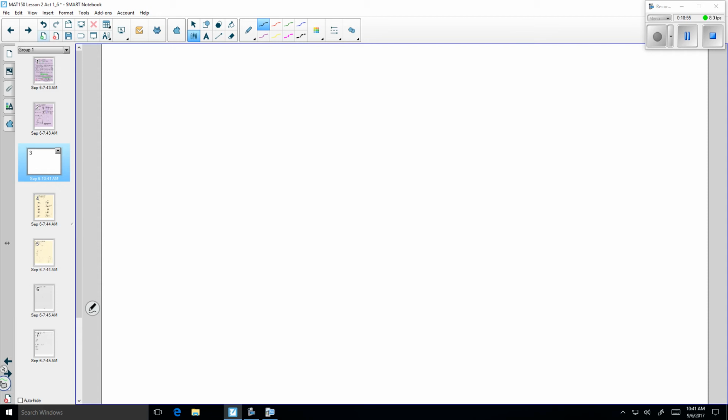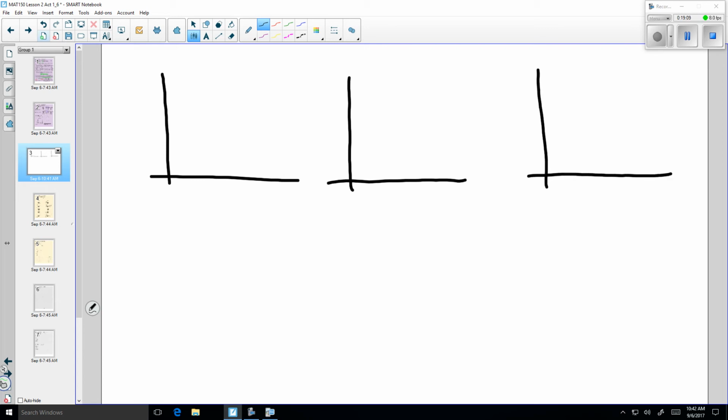So I'm going to pick a blank page here for right now. And I'm going to create some basic graphs here. I'm going to create an XY in the first quadrant here, an XY in the first quadrant here, and an XY in the first quadrant here. I'm going to count to 4 and then count to 4, on each one.